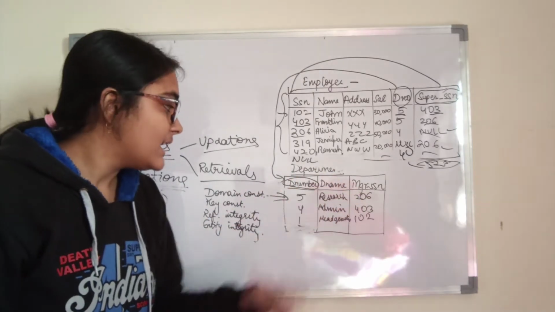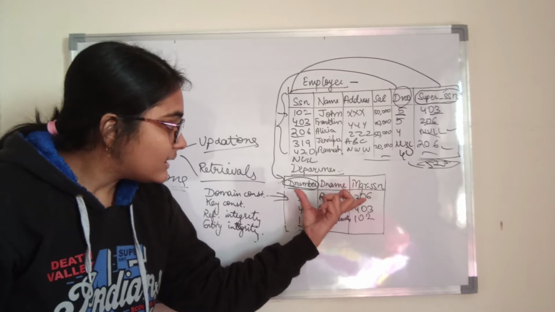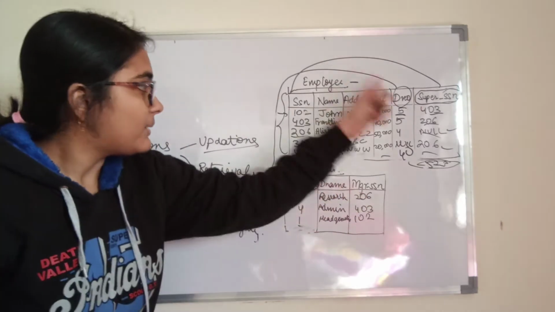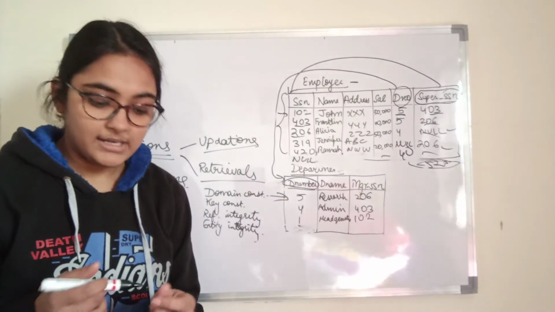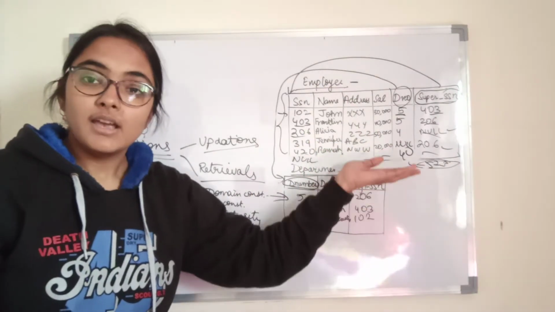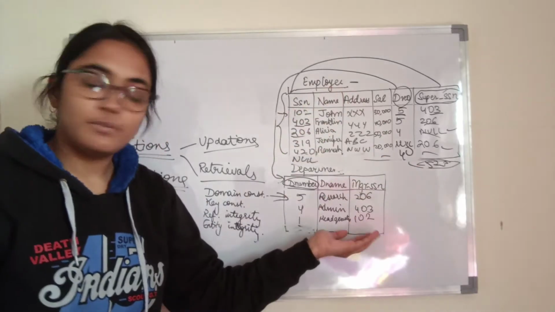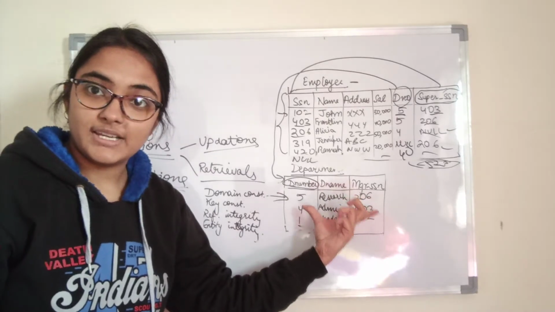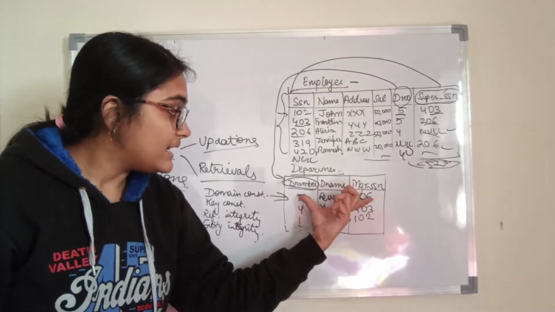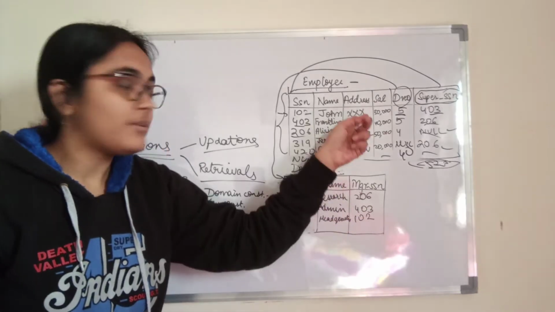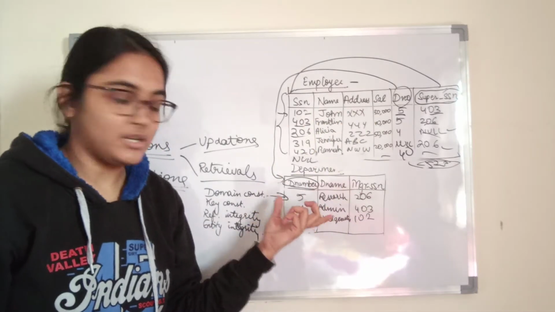But this tuple may be referenced by another tuple in the employee relation, right? Since there is a referential integrity constraint holding from employee relation to department relation, in case I delete a tuple from this particular relation, then it may lead to violation of referential integrity constraint, as some tuple from the employee relation may refer to this particular tuple.